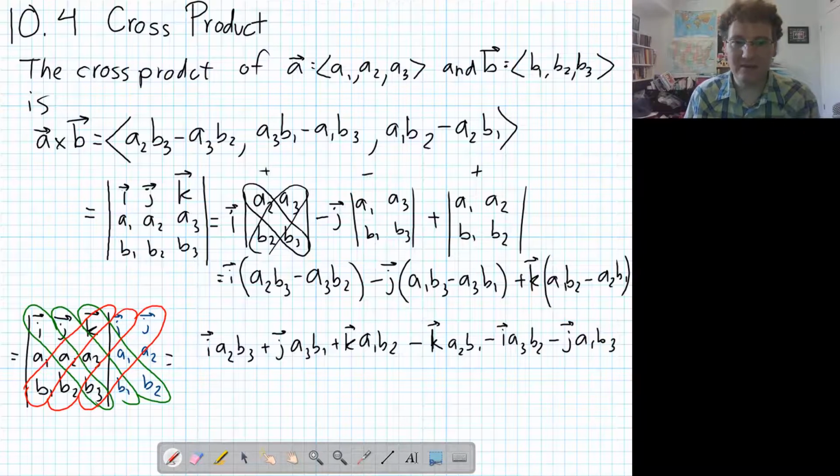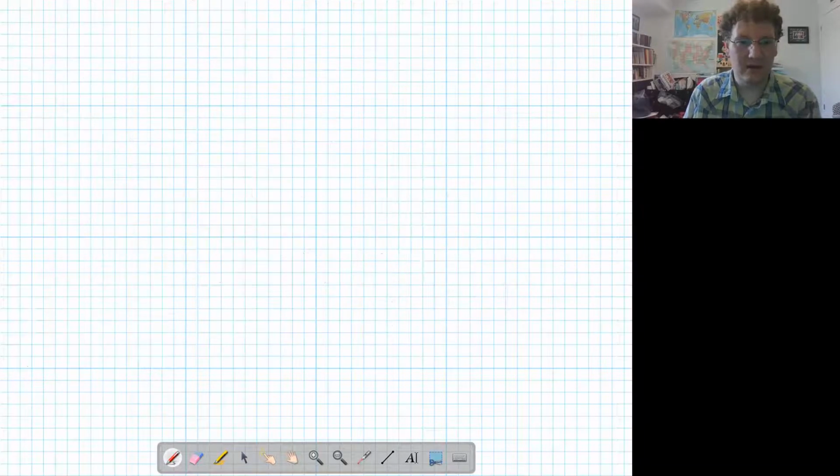I find this pattern to be a little easier to do in practice, but it really depends on your style. We'll do examples in both. Let's do an example right now.